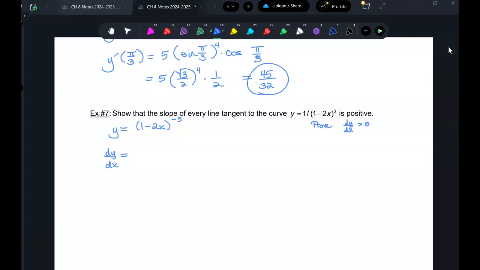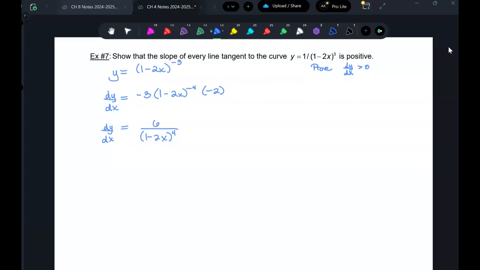That'll be negative 3, 1 minus 2x, good, times, which equals, okay, so, well, what is the numerator?